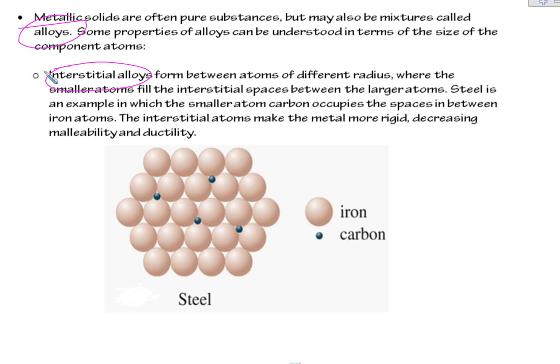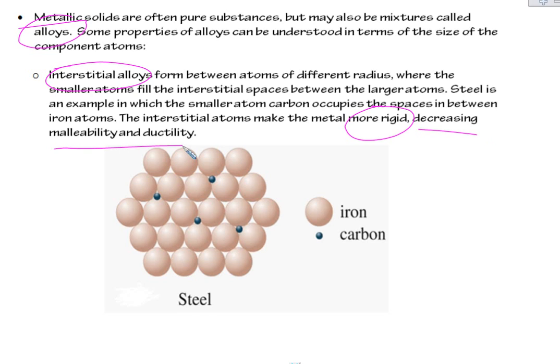Now, if I don't have as much space between the atoms, so there's not as much space for the electrons to move, this typically creates a metal that's more rigid and has a decrease in malleability and ductility. So again, it's a more rigid structure.